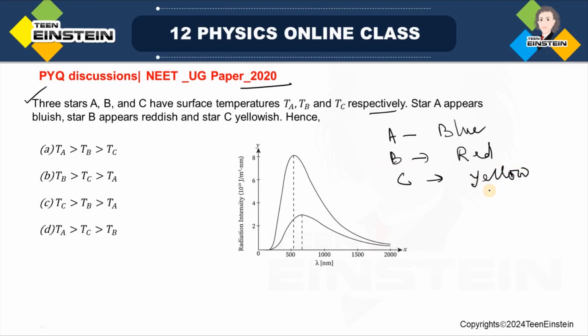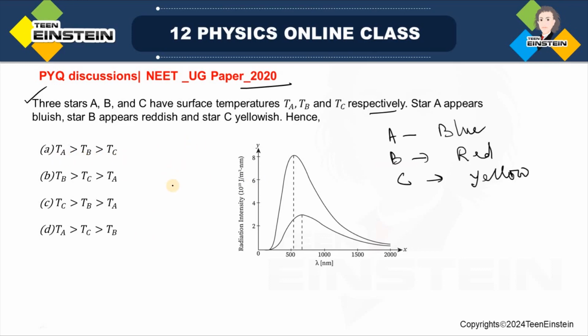So you have to find out among these 4 relations which relation actually is representing the correct relation among the temperatures. Which option is actually telling you the correct relation of the temperatures of the stars.